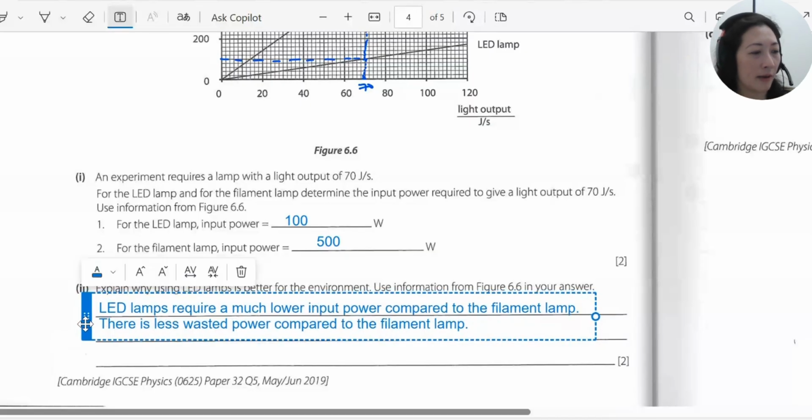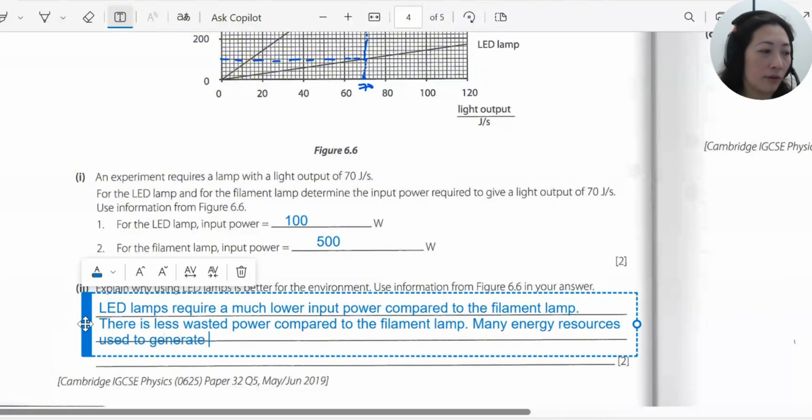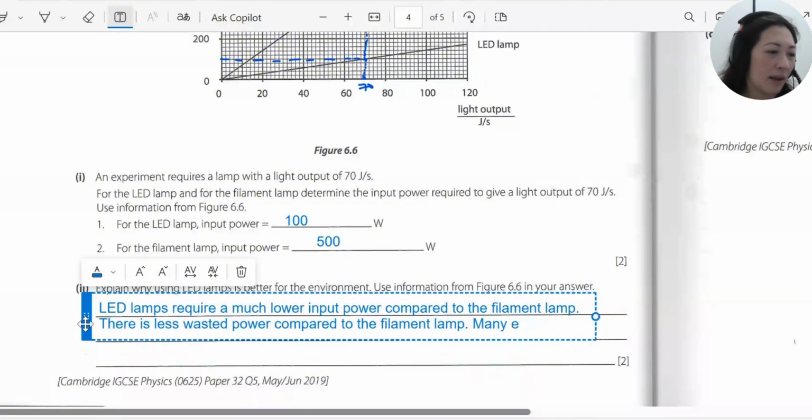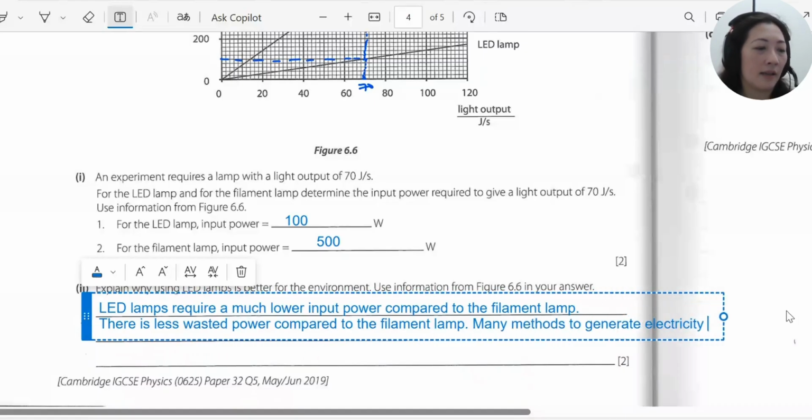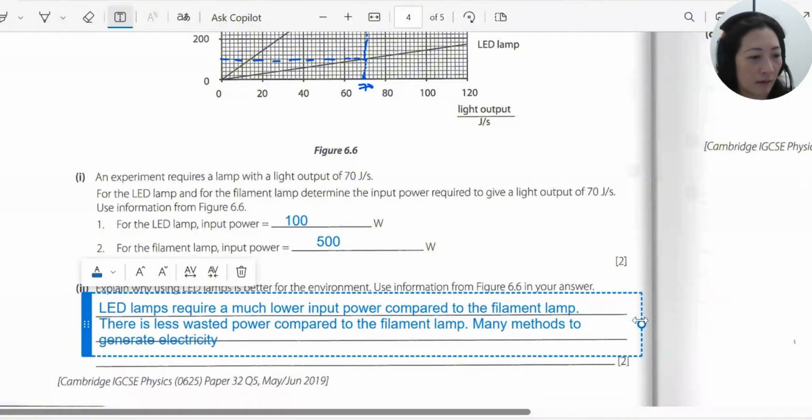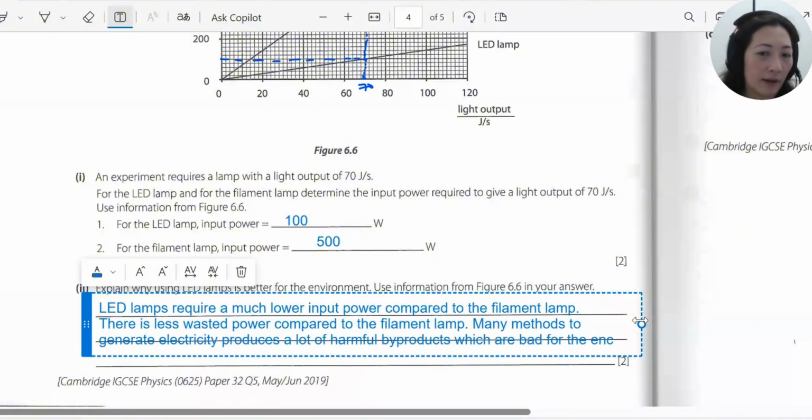Because you've got to talk about the environment, you can also maybe throw in an explanation as to how the generation of electricity is not good for the environment. So we can say that many methods to generate electricity produce a lot of harmful byproducts which are bad for the environment.